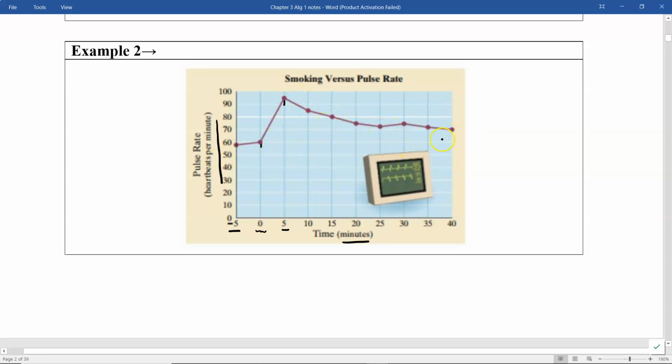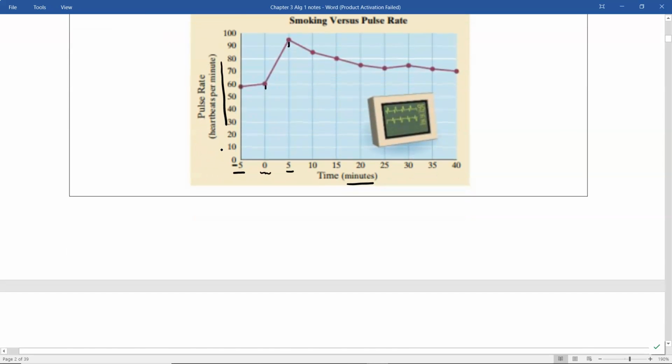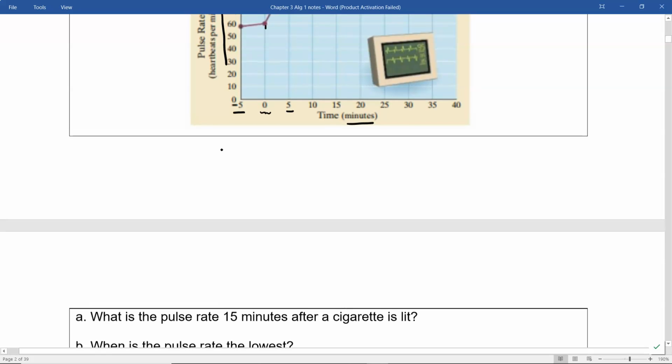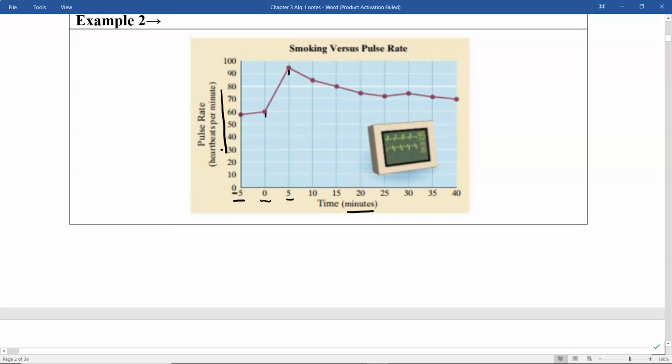I'd say that's kind of what we can observe from the get-go here. And let's look at what the questions are actually asking. So the first question is saying, what is the pulse rate 15 minutes after a cigarette is lit? So we go to 15 minutes, we go all the way up, and we look at this dot right here.